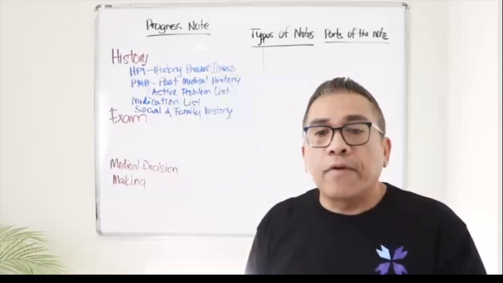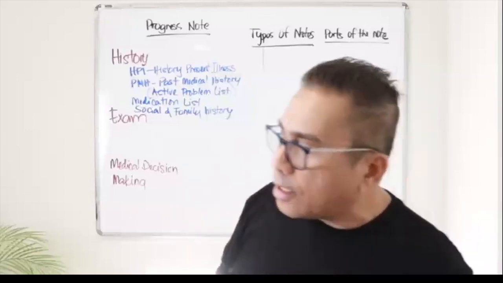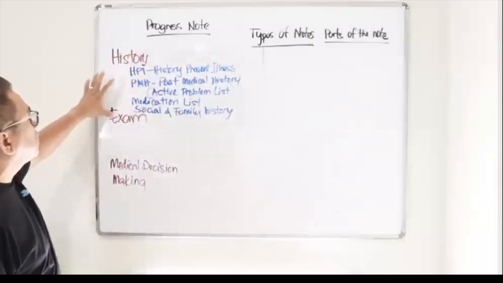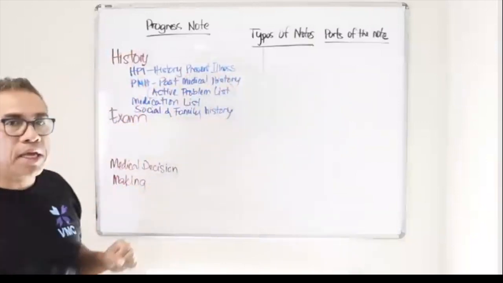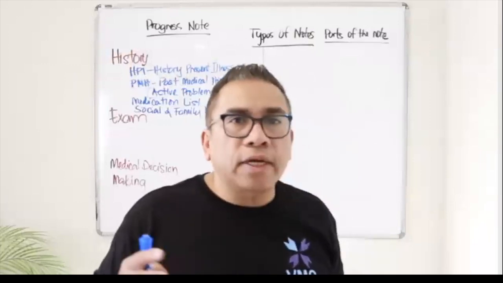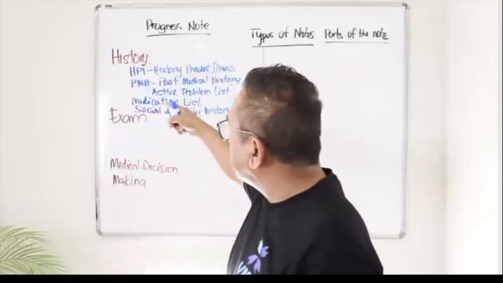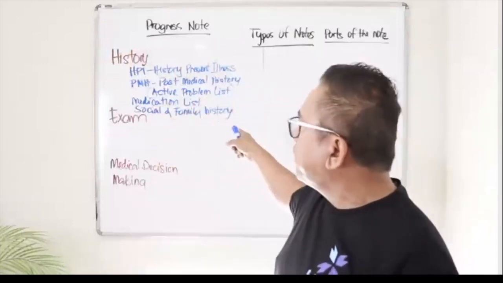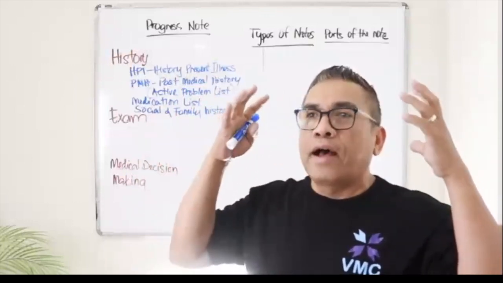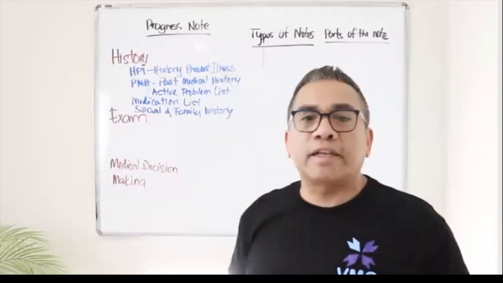So to sum it up, guys, the history part of the progress note tells everything about the patient. With one look at the HPI, the PMH, the medication list, and the social and family history, the doctor can already form a potential diagnosis.